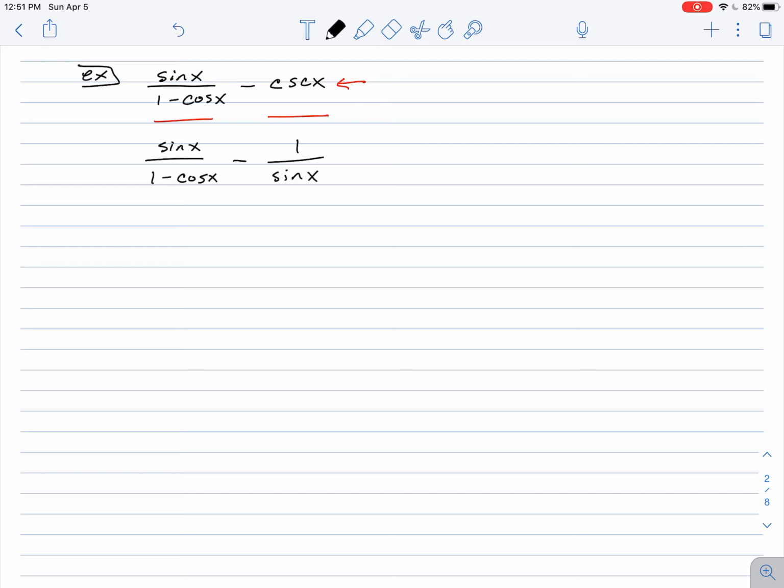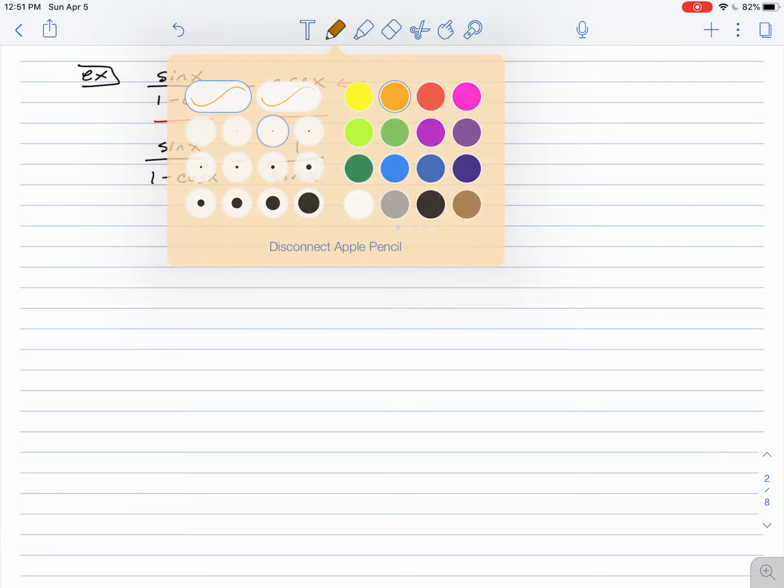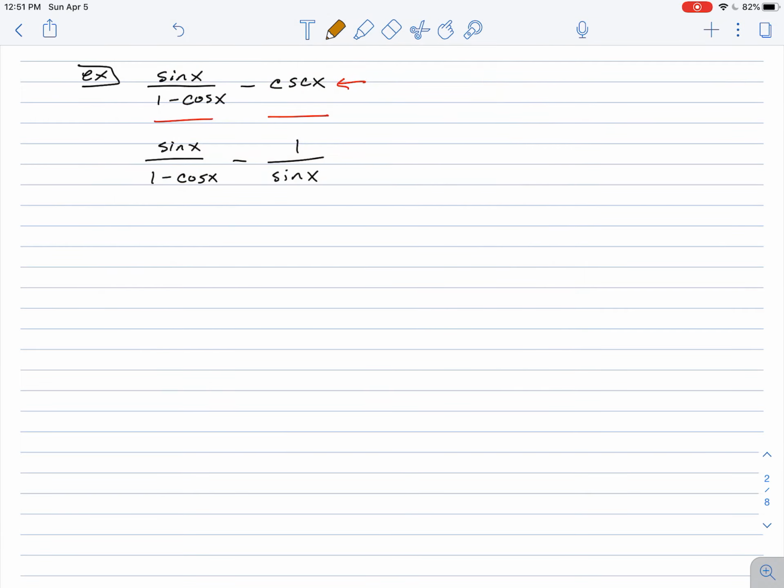Okay, so put them on note cards and just memorize them right now, okay? We're going to add these fractions. When we add fractions, we need common denominators. So that means over here, I need to multiply by 1 minus cosine on the top and the bottom. And over here, I need to multiply by sine on the top and the bottom.